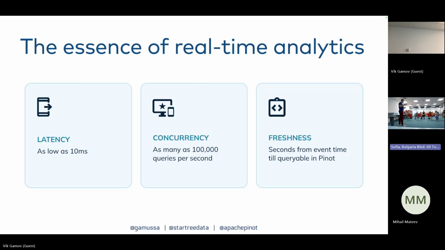You can put Pinot behind some sort of API layer that will be delivering actual data to users through mobile, through web, through any type of application. KSQLDB, you will not be able to expose to an application developer. You will mostly be using it as a layer of processing this data, some sort of materialized view, and the same with Flink.